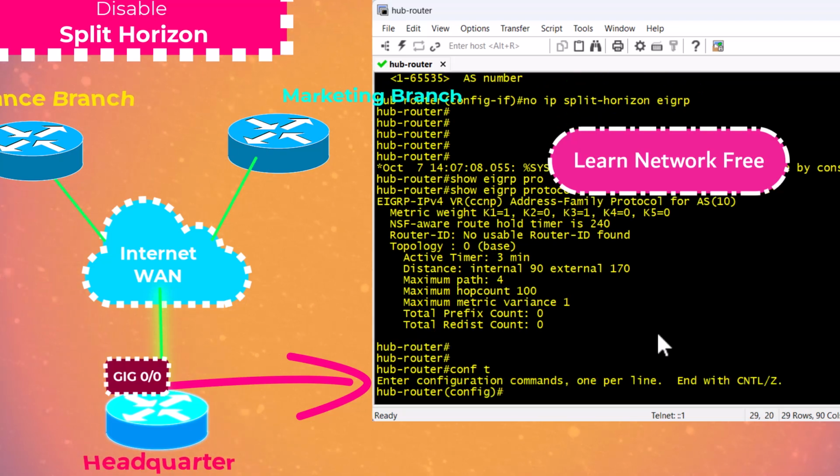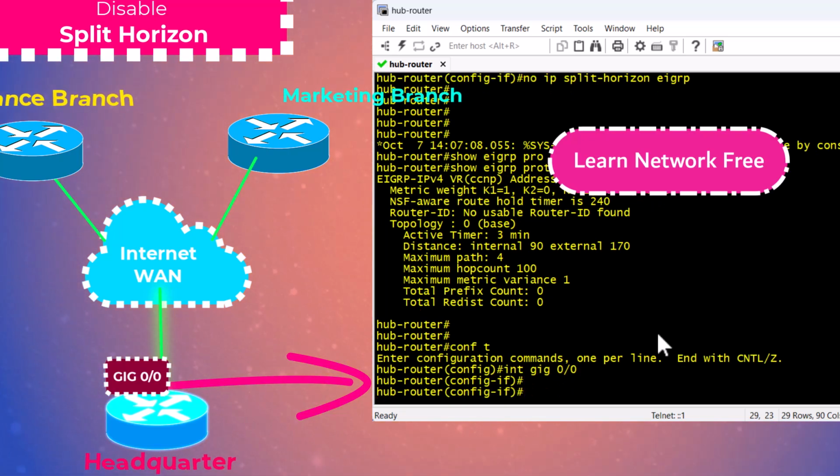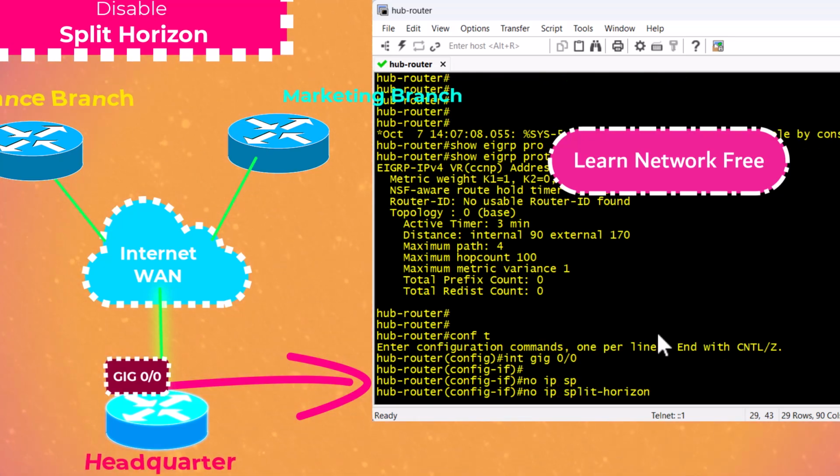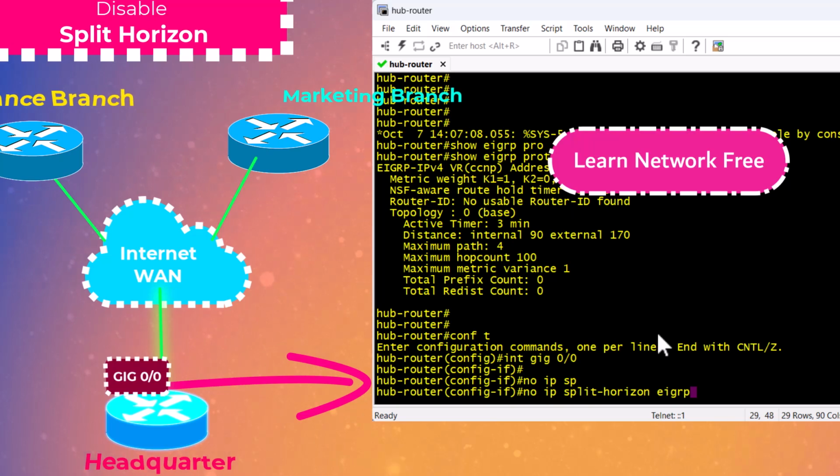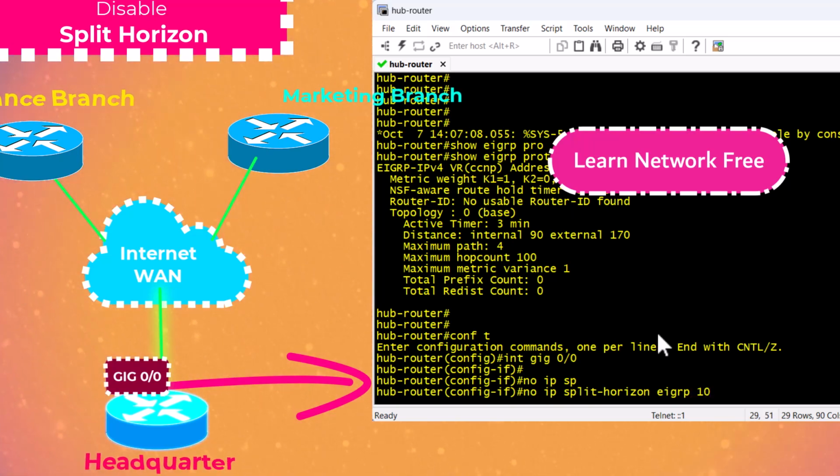So again, we get into the interface which is connected to the internet, gig 0/0, with no ip split-horizon eigrp, and the AS number is 10.